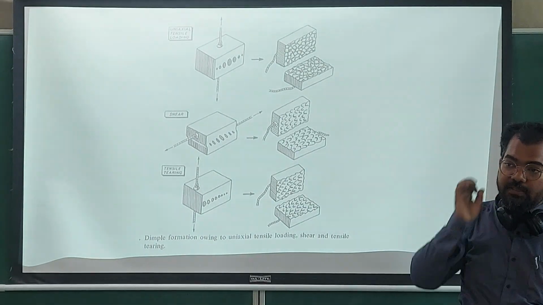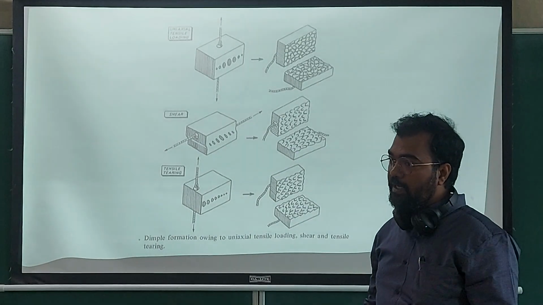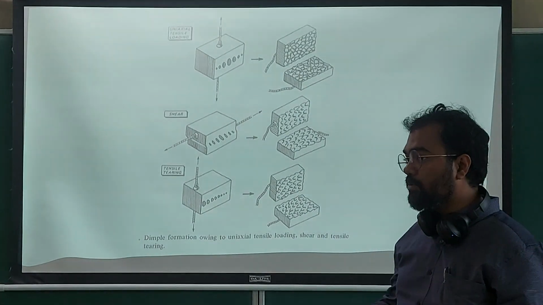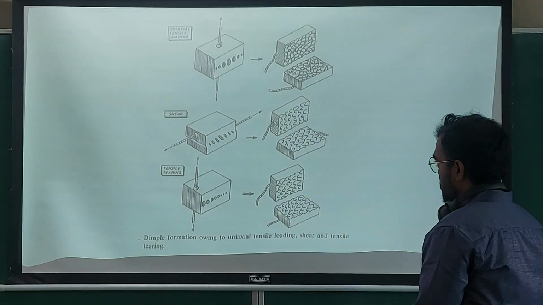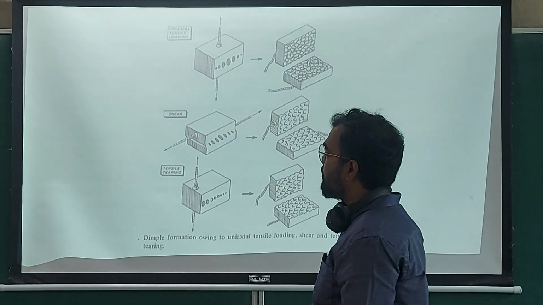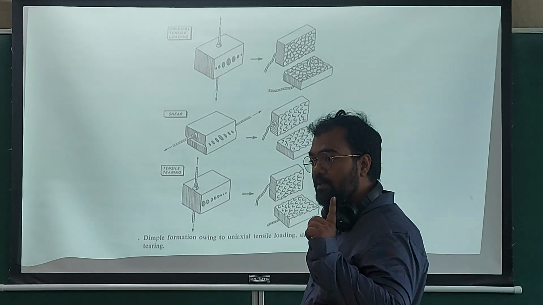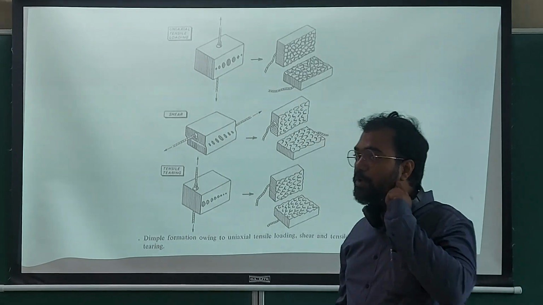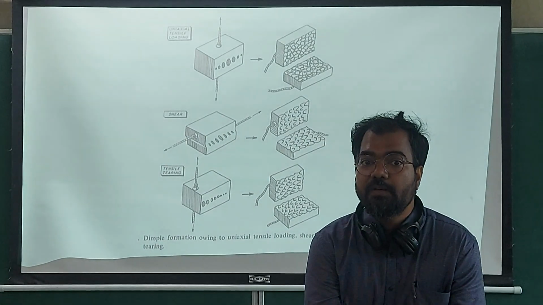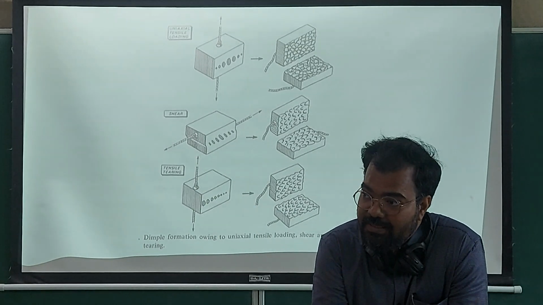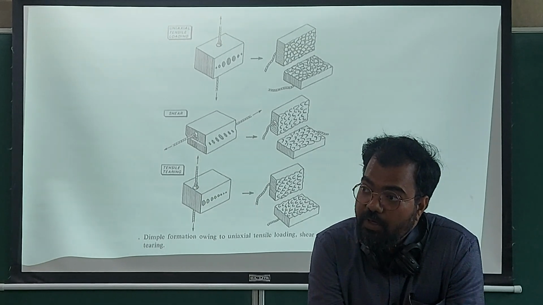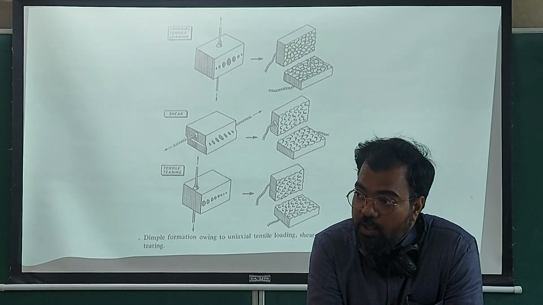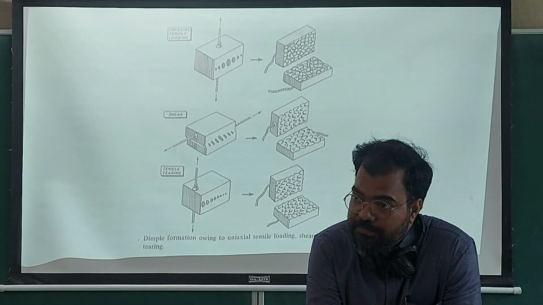You cannot see dimples from an optical microscope or with the naked eye, of course. But with the naked eye you can see roughness, and roughness is a measure of ductile fracture. What we want to achieve from quantitative fractography is to relate these features quantitatively to the material parameters, and this also helps in reverse engineering.